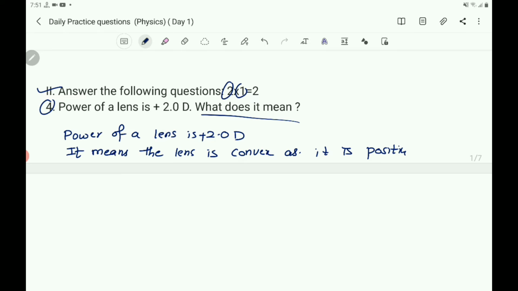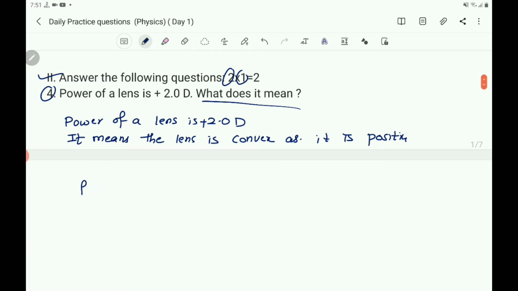And what is its focal length? You know that F equals 1 by D equals 1 by 2.0, that equals 0.5 meter. So here what you can say about this, it is a convex lens and its focal length is 0.5 meter.